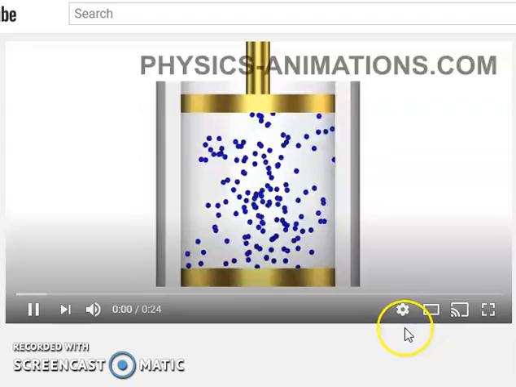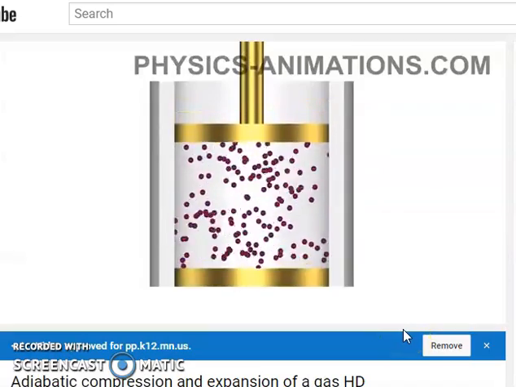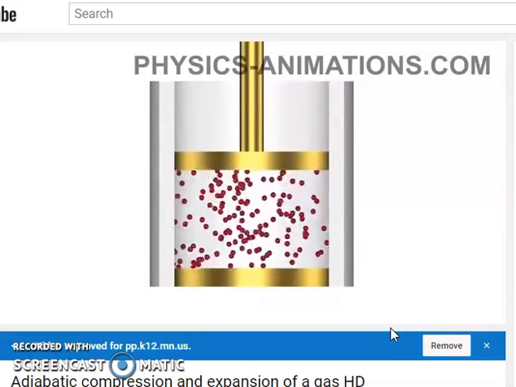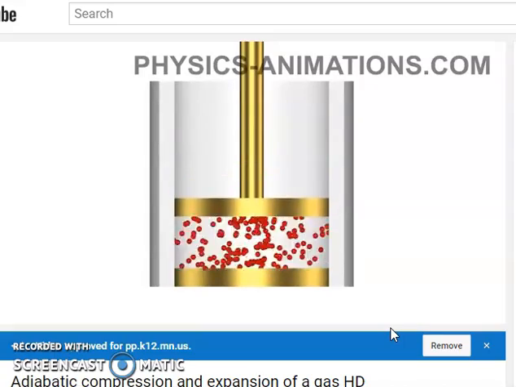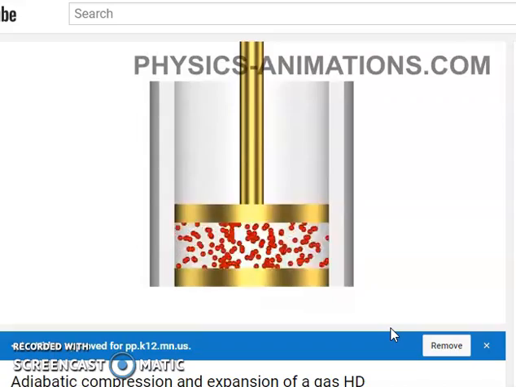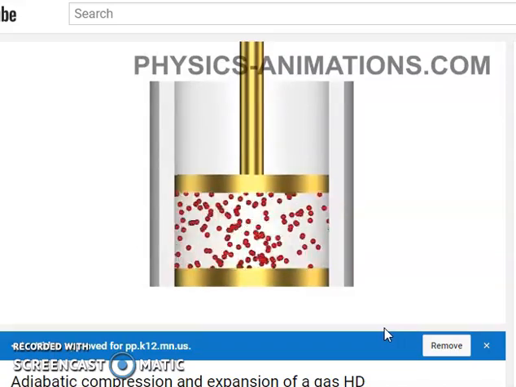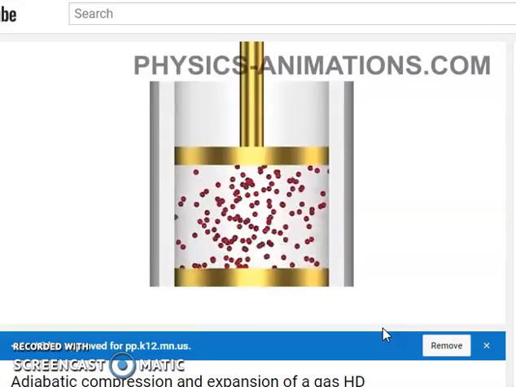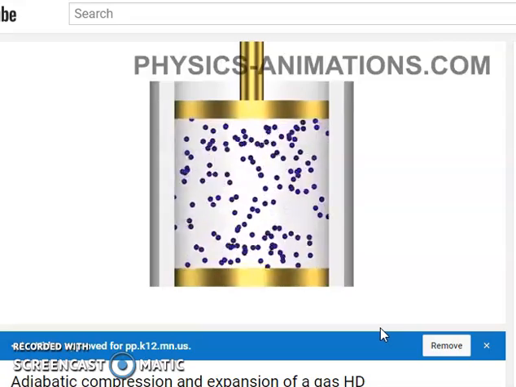These are blue particles representing that they're cold. And so what are they going to do? They're going to exert some pressure. Now they're turning purple, and now they are red, and look how fast they are moving. So the more pressure that we exert on them, the hotter they became, and the faster the motion became. And then now it's just going to go backwards. And they're actually blue again.